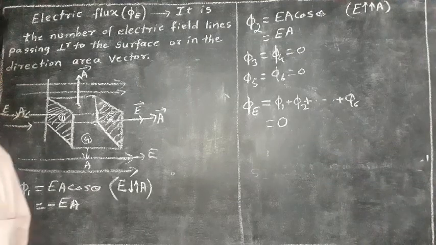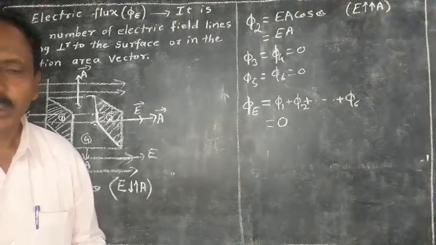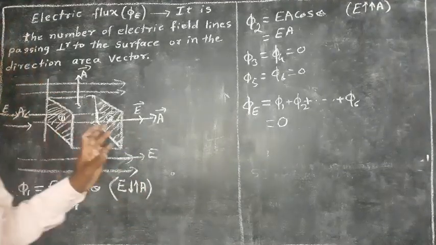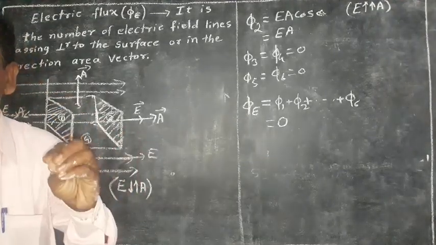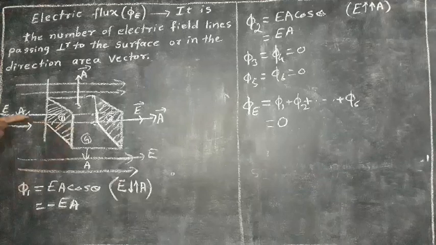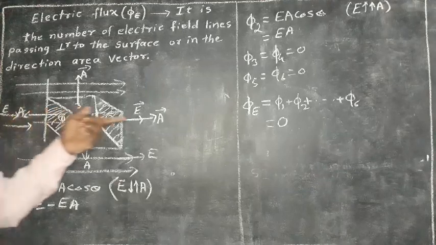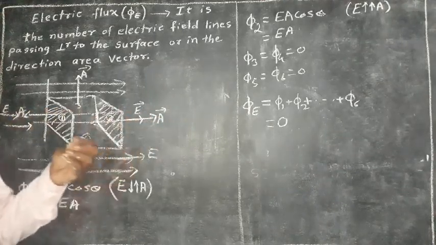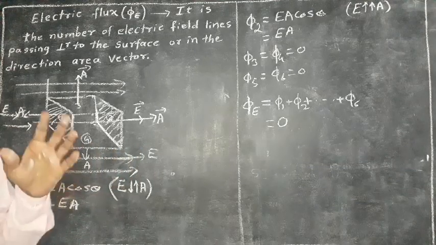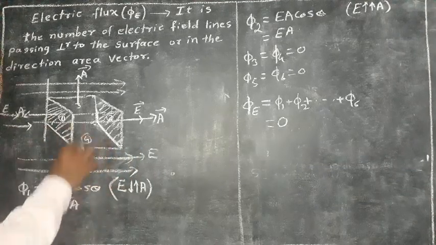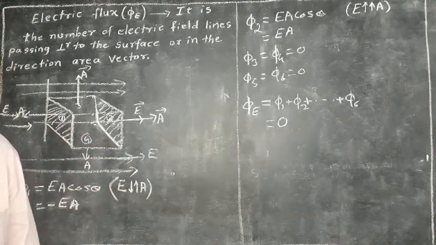Hence, Gauss stated that the flux through a closed surface is 0 provided the electric field is uniform and there is no charge enclosed inside the surface.